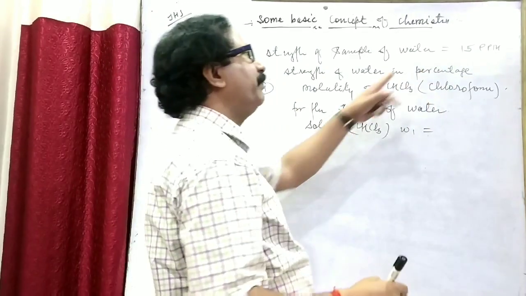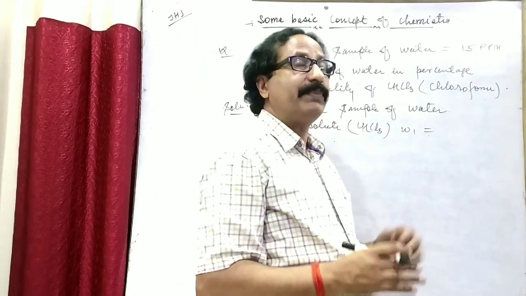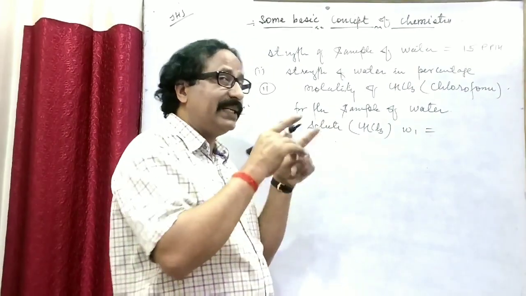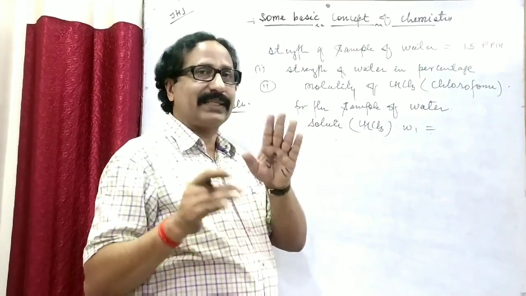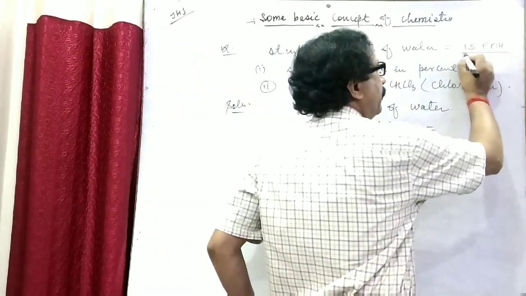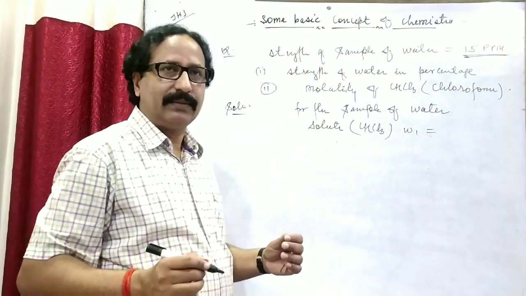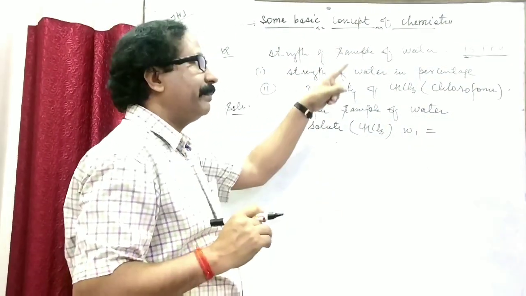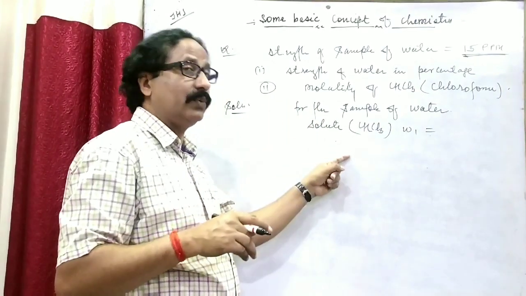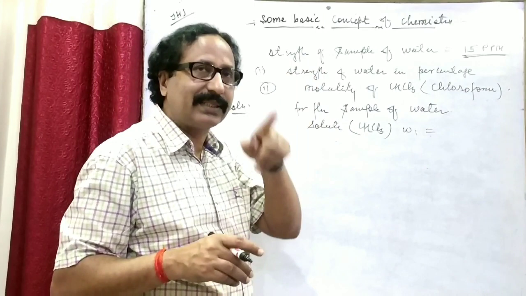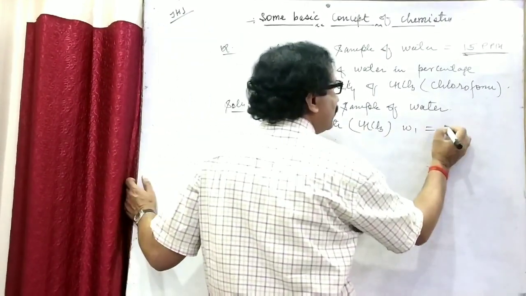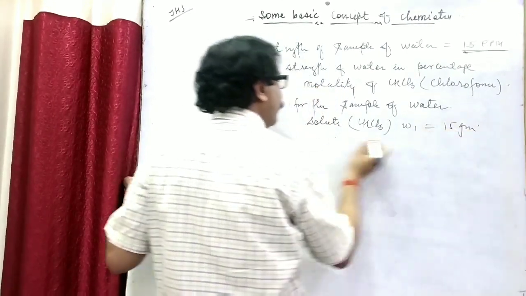What do you mean by 15 ppm? 15 ppm means 15 gram chloroform is present as a solute in 10 to power 6 gram of water. Therefore, weight of solute, chloroform, is 15 gram.